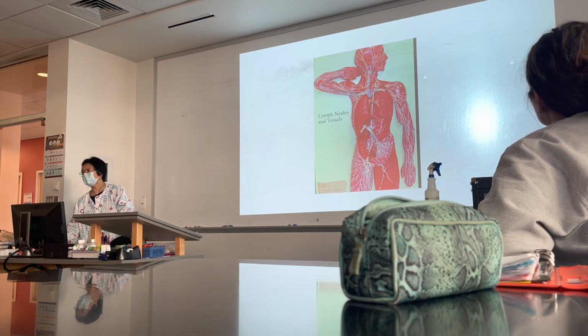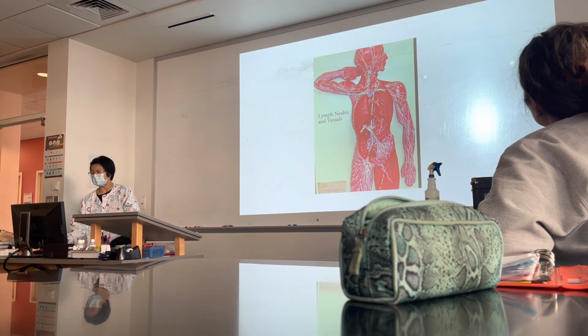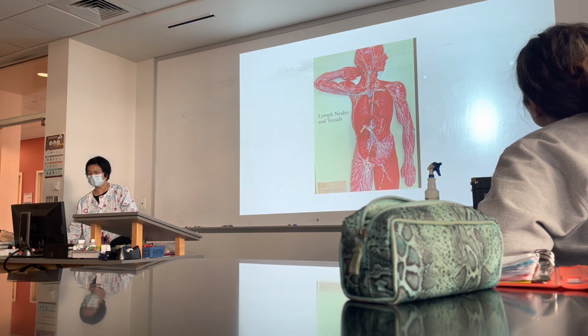So if I have one pinned, you know that I'm asking you to identify a lymph node. It's very sad how some people still don't know their anatomy. So by now, I'm hoping that you know your major organs and where they are located.